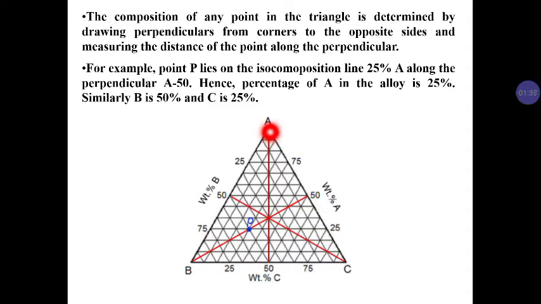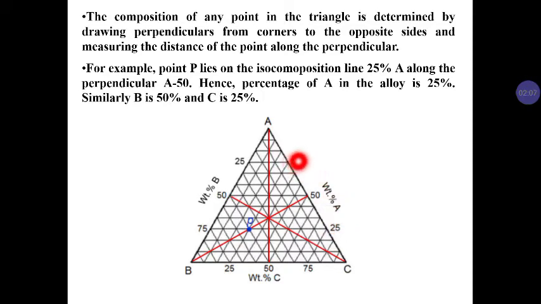A is at this point, it is 100% A metal. B is over here, it denotes 100% B metal, and here it is 100% C metal.